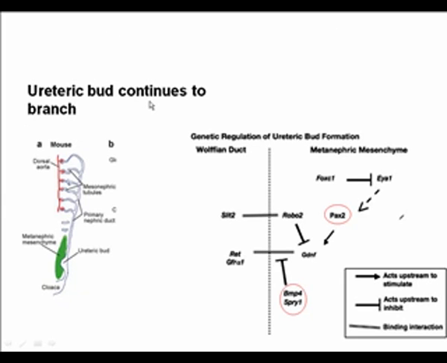So the ureteric bud is going to continue to branch, and branching is one of those processes that we've talked about in several places, and here PAX2 is again going to be important in allowing the branching to occur at the appropriate place. So we have to have the ureteric bud branching appropriately to form the collecting tubules.